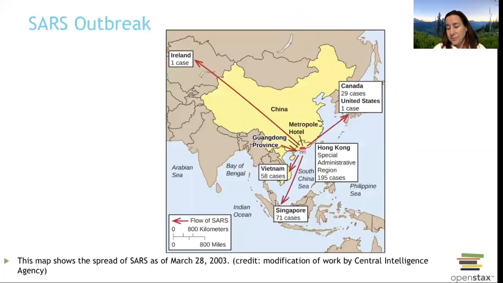SARS was another thing that was new. This respiratory virus was something that we hadn't seen before. And so we had SARS and we had MERS. We had SARS because it was Asian for the A, and then we had MERS for the Middle Eastern.